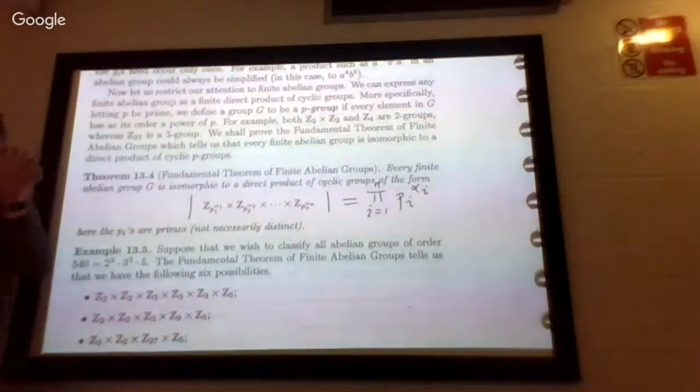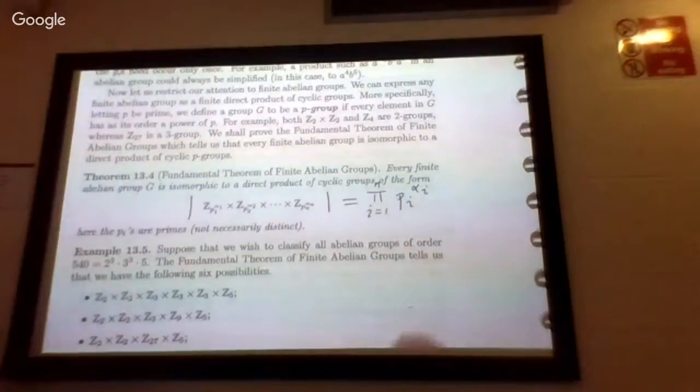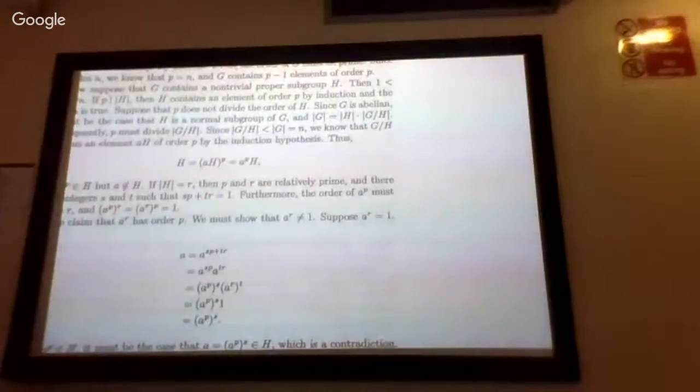In a p-group, there might be elements of different orders, but all the elements' orders are always some power of the prime p. So that's what's called a p-group, and that's going to feature in the discussion throughout this chapter.